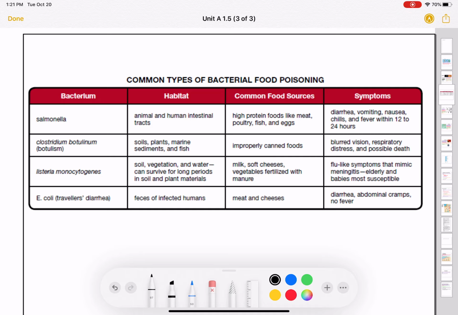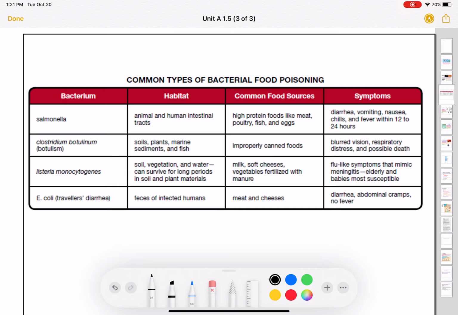Some different types of bacterial food poisoning are types of bacterial pathogens we can get. Salmonella, so you've probably heard of that before. That's inside of animal and human intestinal tracts. You can get it in high protein foods like meat, poultry, fish, eggs.